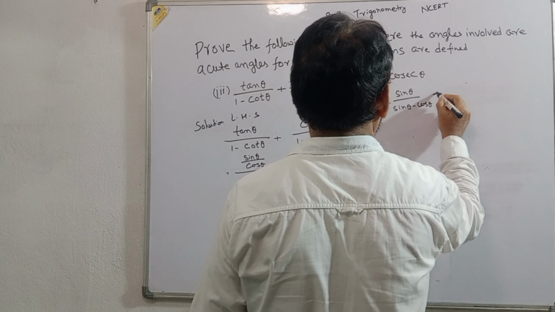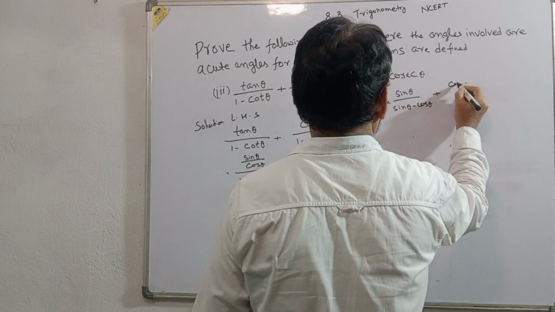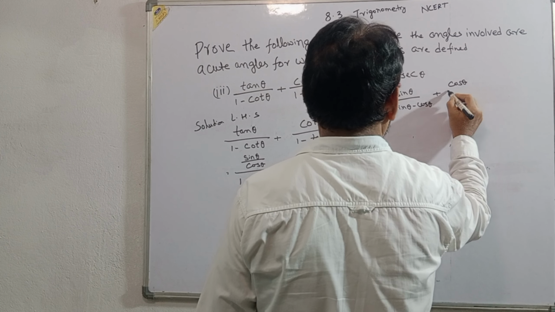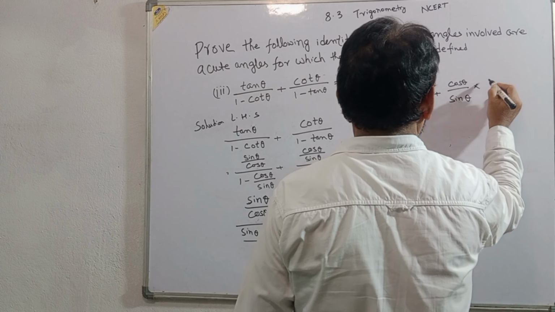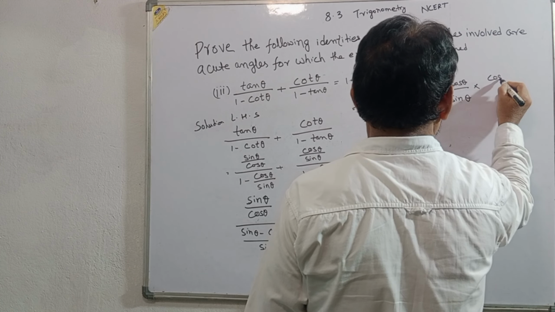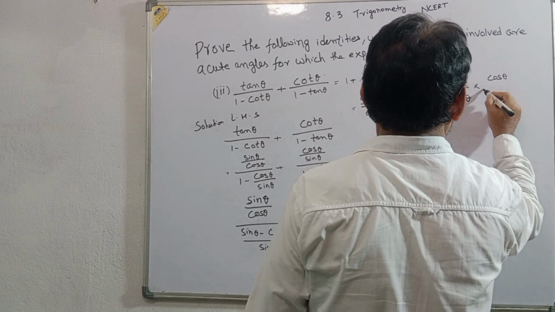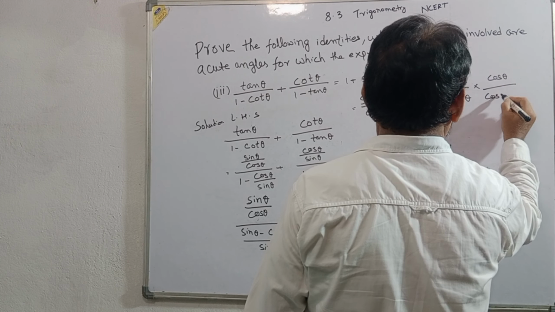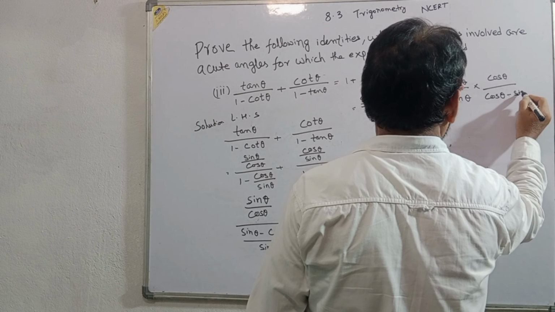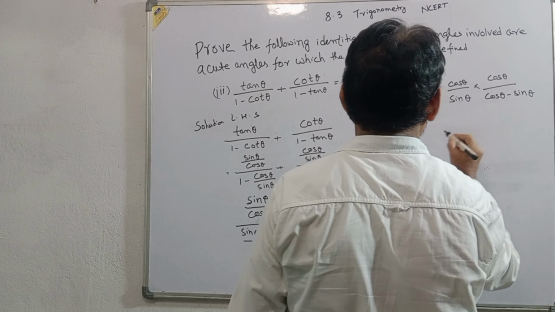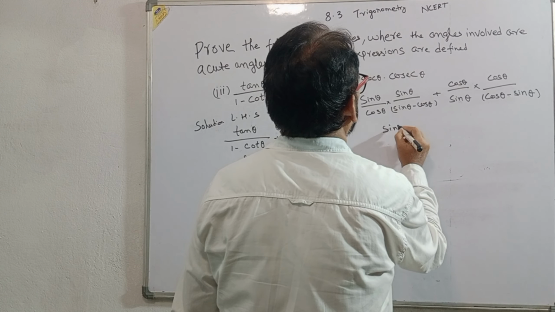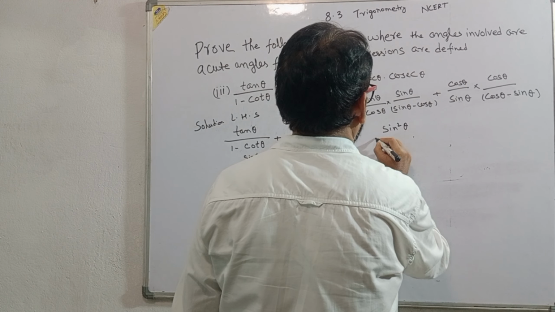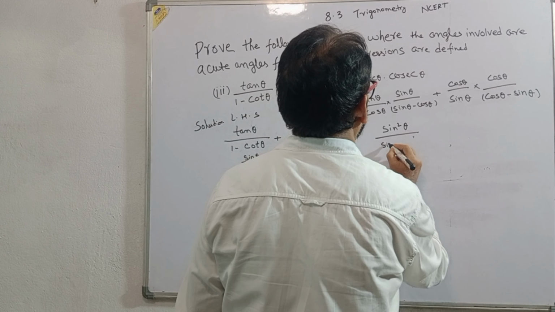Here cos theta divided by sin theta into cos theta over cos theta minus sin theta. Here sin square theta divided by sin theta minus cos theta.